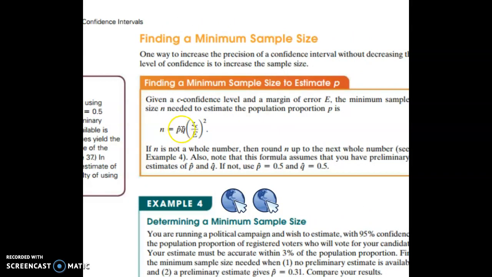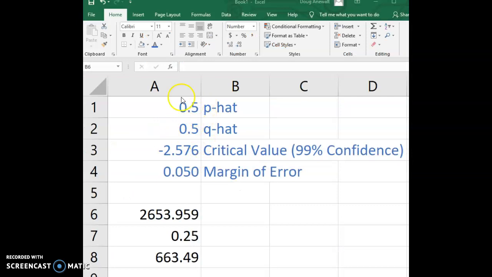If we have an estimate for p hat and q hat, we use them. If there is no estimate, then we use 0.5 for each of those values here in the formula. For the first part, we have no estimate, so we use 0.5 for each of them. We want 99% confidence, which means 99% is between the critical values.